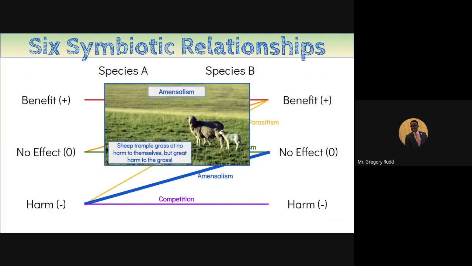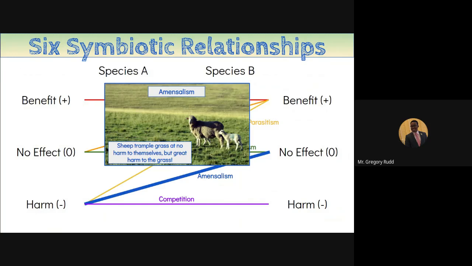Mentalism, on the other hand, as this image shows, is when one species does not benefit and the other species is actually harmed. The other species has no benefit nor harm. So mentalism, an example might be sheep that trample grass. Of course, the sheep, their hooves are not being harmed by walking over this grass, but of course, grass is a living organism.